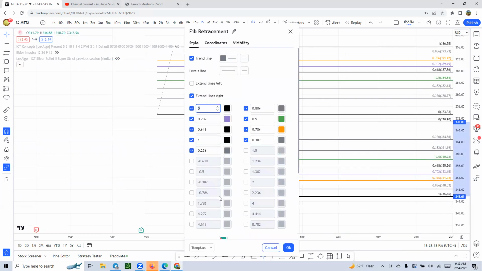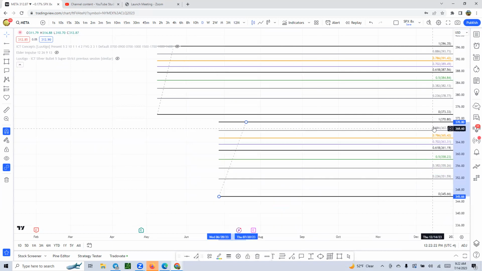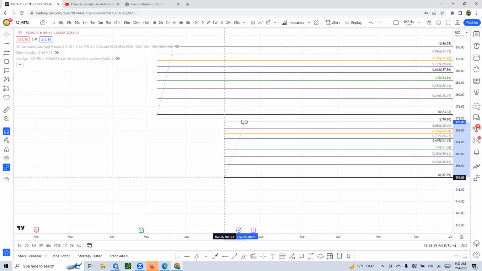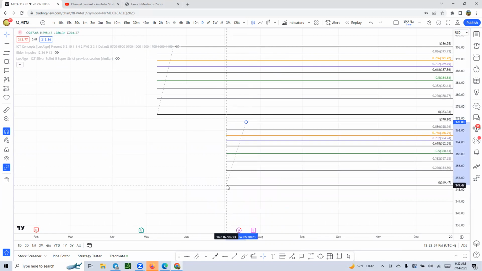You can double click it, scroll down, hit reverse, and it'll put the higher numbers at the top. So for me, it doesn't really matter how you click it, especially because you can easily reverse it, or you can click it and drag it and reverse it like that. So that's what I do.